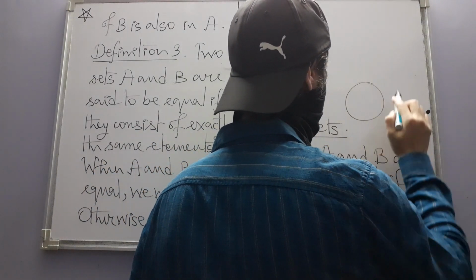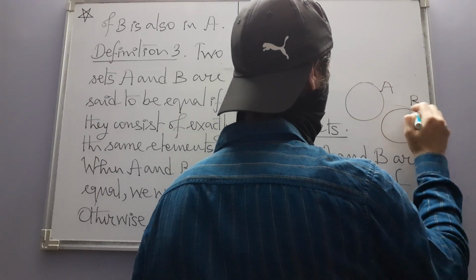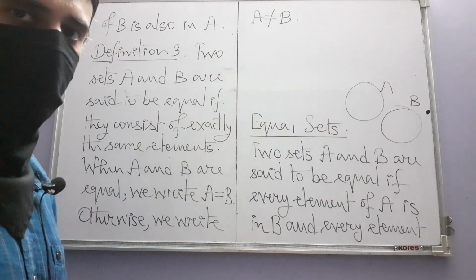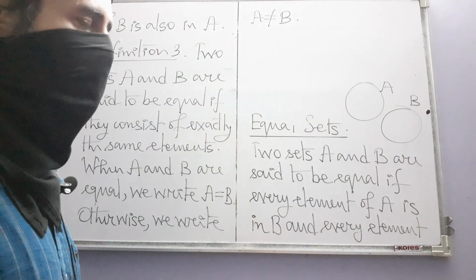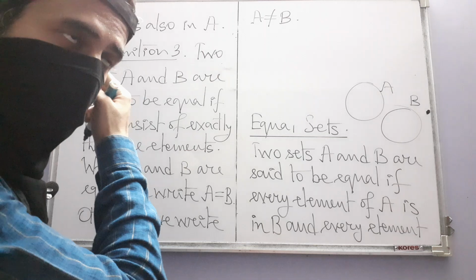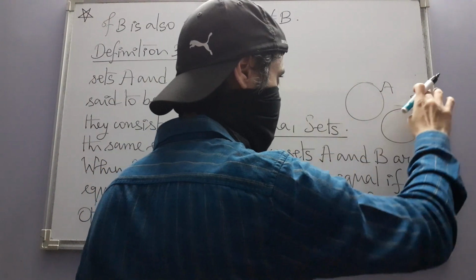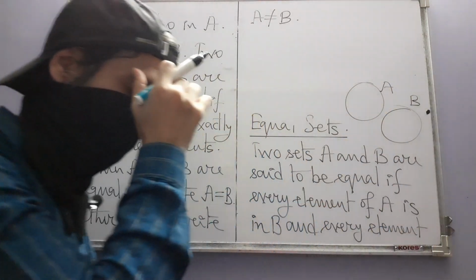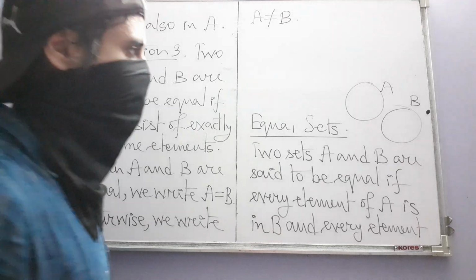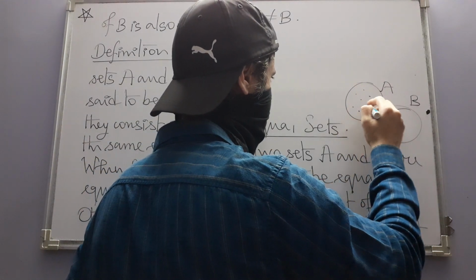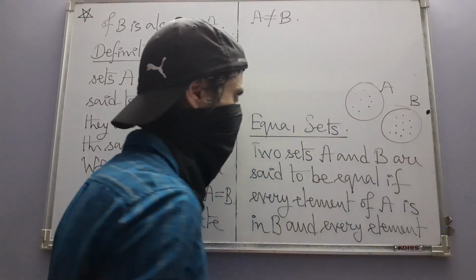Suppose this is your set A and this is your set B. This is just for the sake of discussion. I am not going to say what these circles really mean. You can roughly imagine it like this. The circle denoting the set A actually encloses the elements of A within it. So the elements of A lie here somewhere. Similarly, the elements of B lie here somewhere.